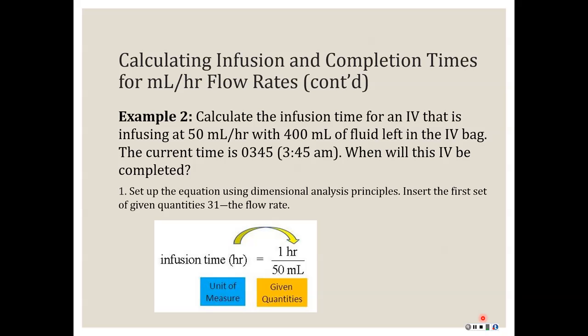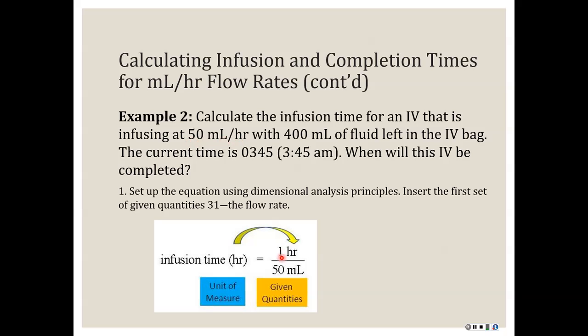When will this IV be completed? So again, we know that first of all we need to figure out how long this infusion is going to take. So we're looking for hours. How many hours will it take to infuse this 400 milliliters? Since we are looking for hours, we have to start our equation out with hours. When we look at what the prescriber has ordered, they have ordered it to be infusing at 50 milliliters per hour.